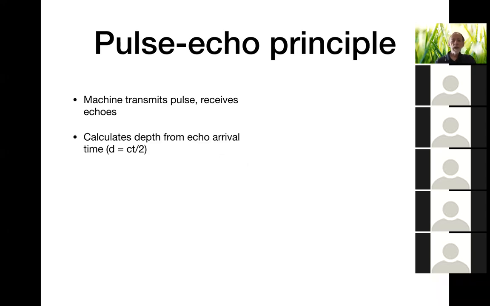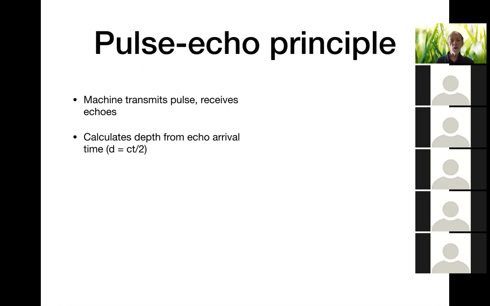For every echo, the machine can calculate the depth that it has come from by just looking at the time that particular echo arrives. So the machine takes the echo arrival time t, multiplies that by the propagation speed, divides by 2, and that must be the depth that echo has come from.